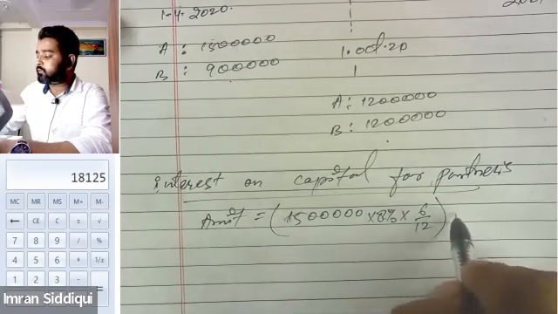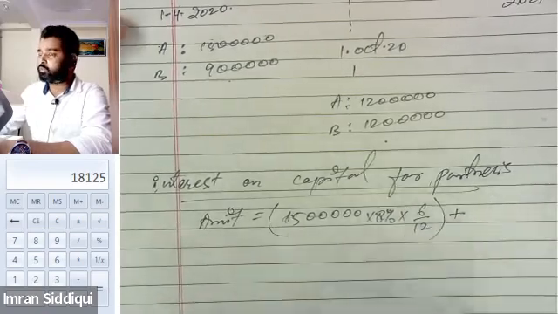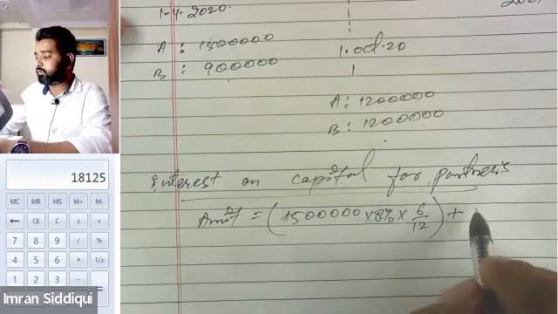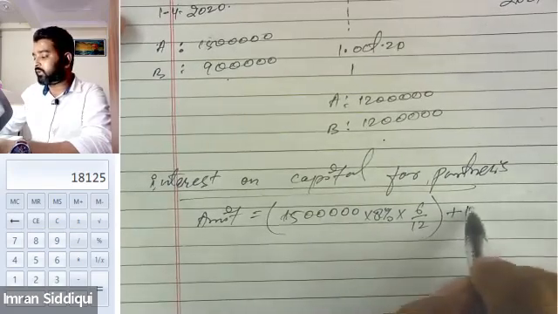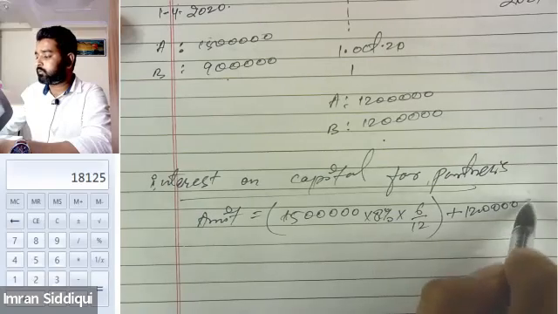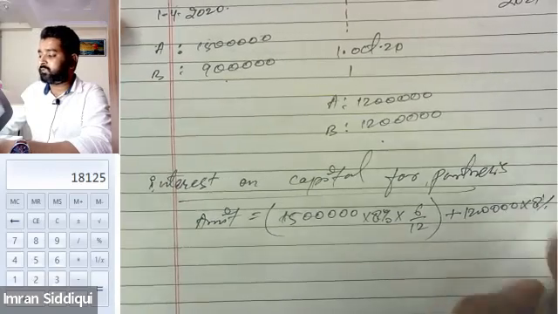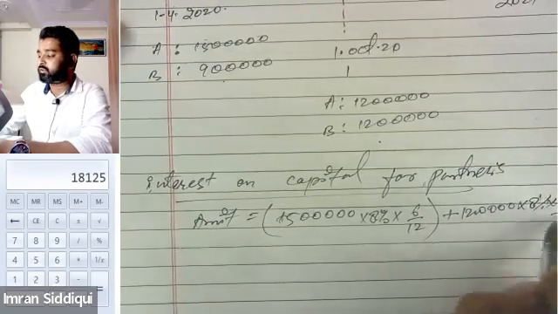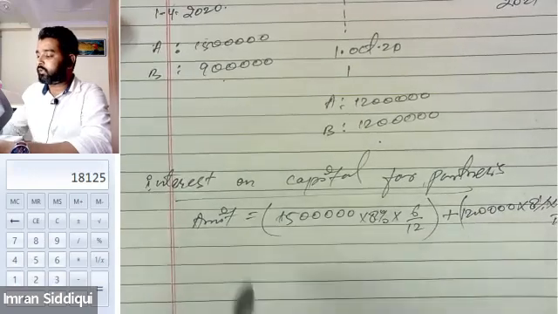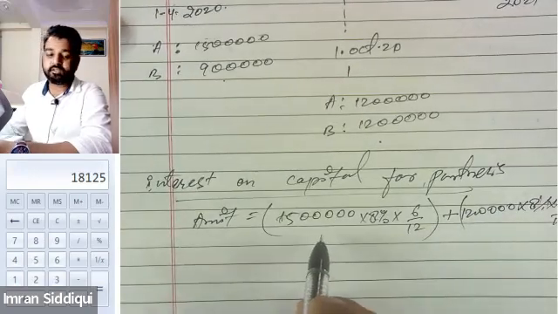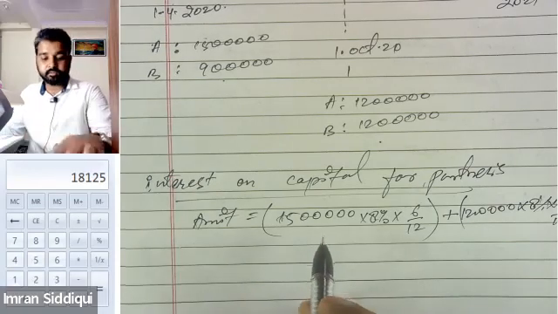Then he maintained a 12 lakh balance throughout the remaining period of the year, so on this amount as well he will get 8% for the remaining 6-month period.